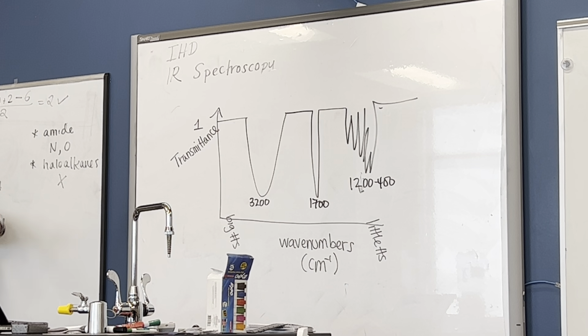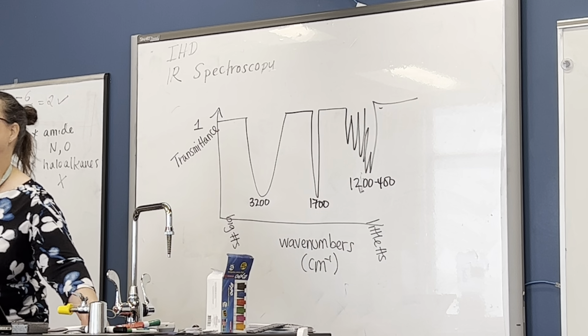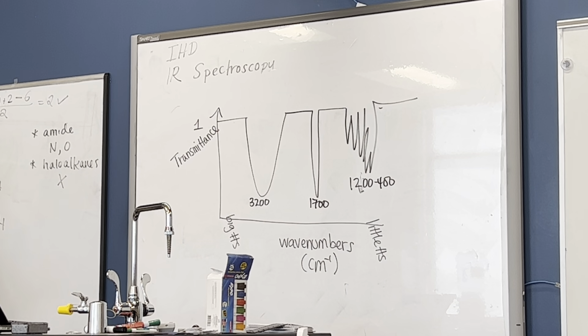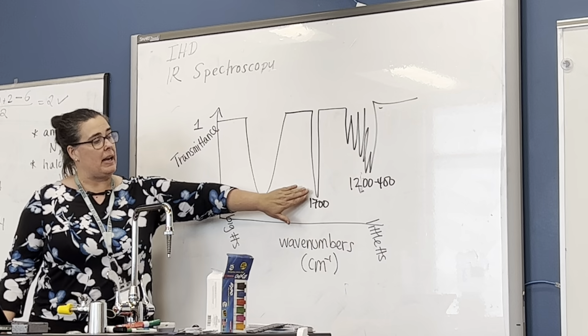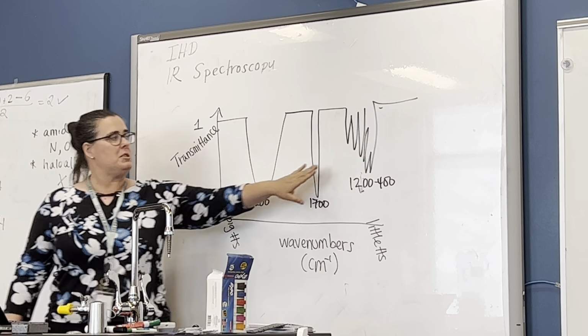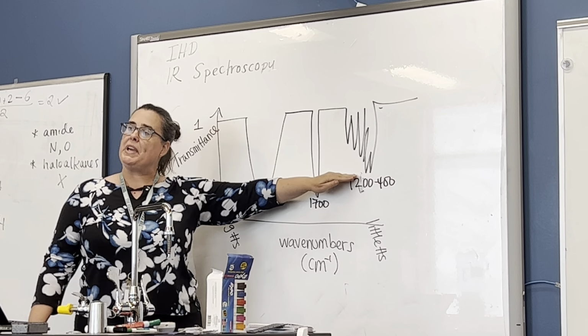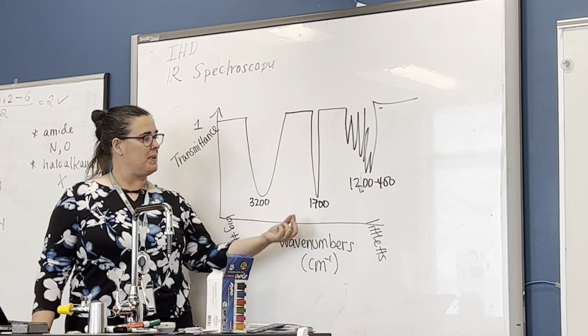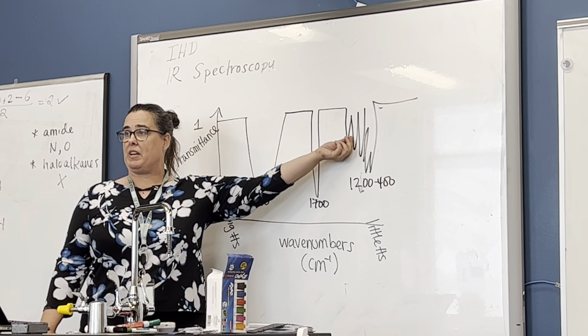We're now going to try to identify what's present in this molecule. Pray for us all. You're going to notice, perhaps, with my poor drawing skills, that one of the things you see is that the peaks have different widths. You see that? So this peak is quite narrow. This peak is pretty broad. These peaks are quite narrow, but they're weaker. So this would be a strong absorbance, and this would be a weak absorbance.